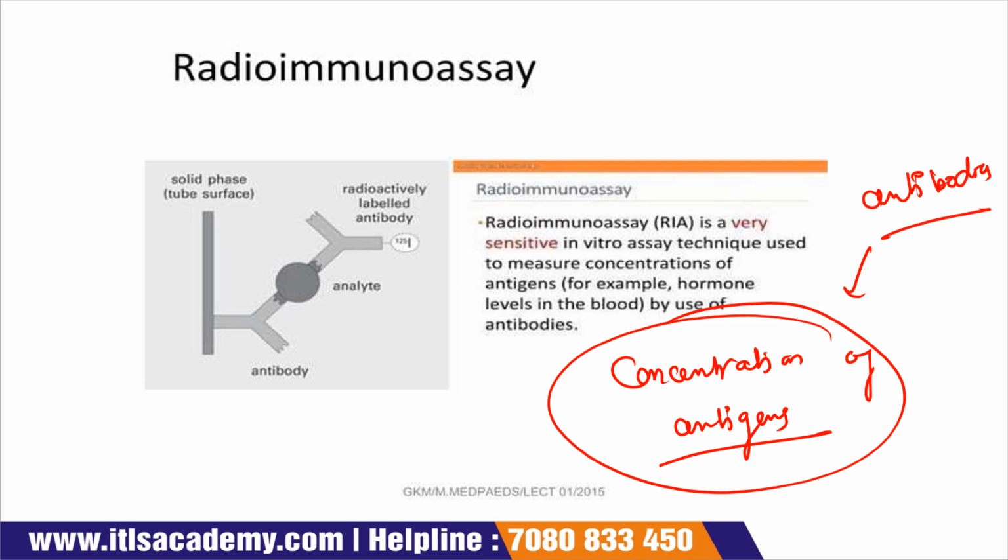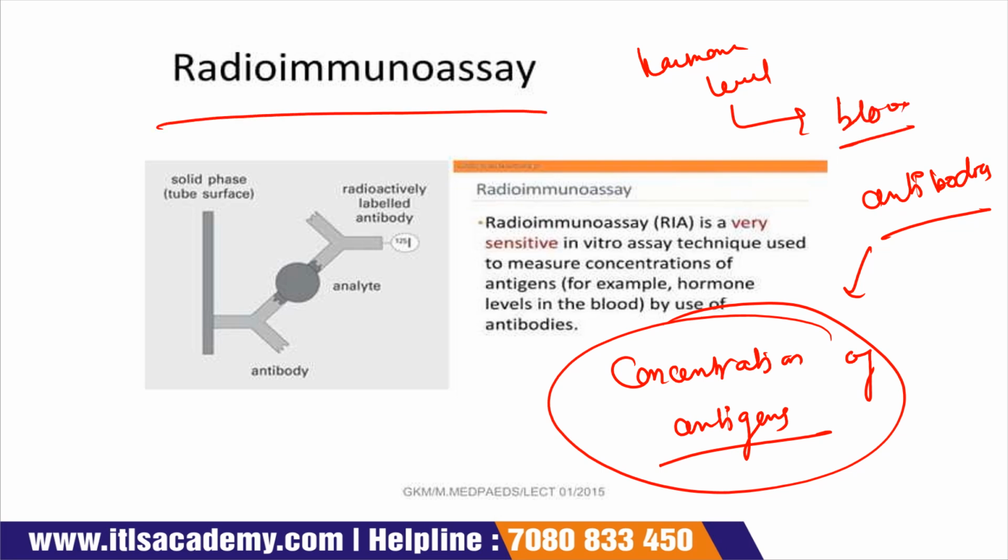For example, if we have to detect the hormone level in blood, we use this radioimmunoassay, which is a very sensitive in vitro assay technique.